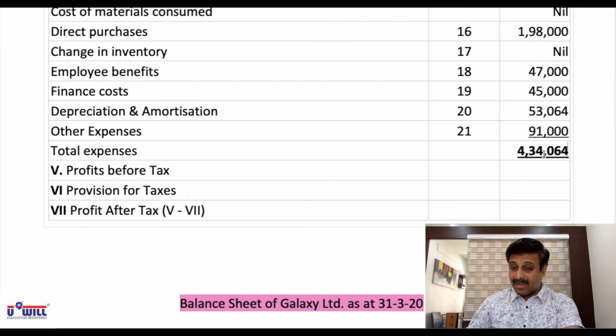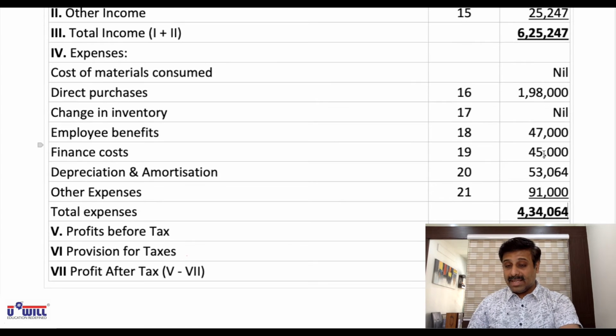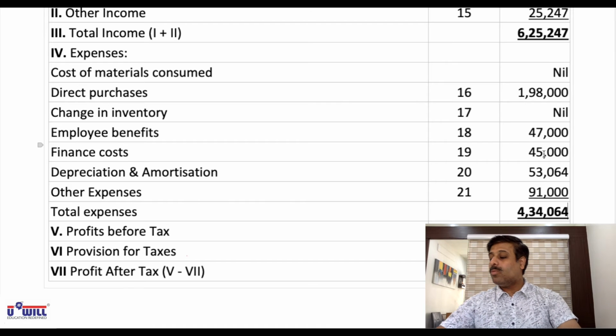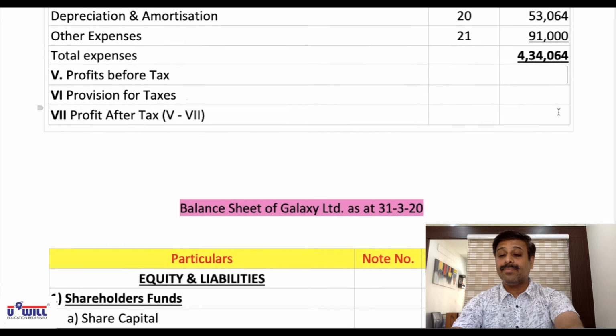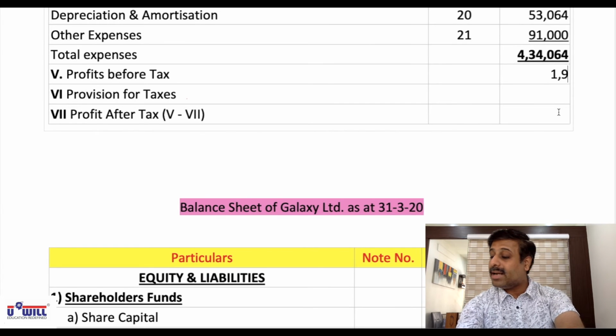Yes, 434,064. That we will minus from 6,25,247 total income. So 1,91,183 is profit before tax.